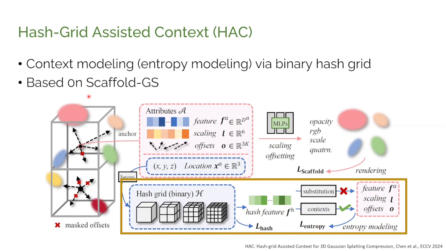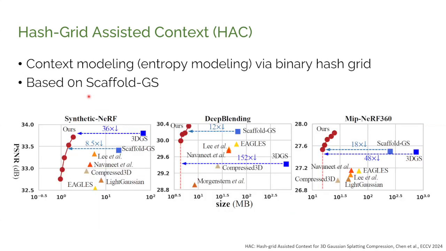That's basically context modeling, and this work, as far as I know, was the first to introduce context modeling in the 3DGS representation. And here's their performance, which I think is very impressive, and they outperform all the previous work by a large margin.